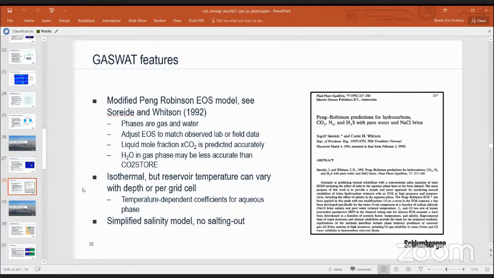Generally, the calculations being done here are isothermal, but you can say that the reservoir temperature is defined for every grid cell, or you can have a depth dependent temperature model. So the salinity model is a little bit simpler also in GASWAT, so it doesn't actually model the salting out effects that are available in CO2STORE.